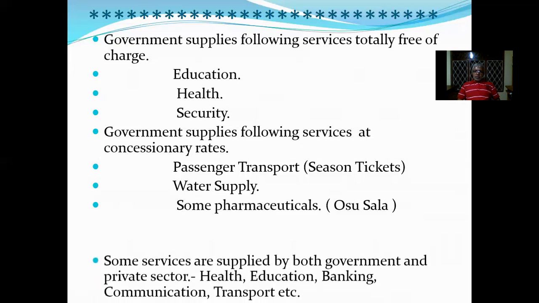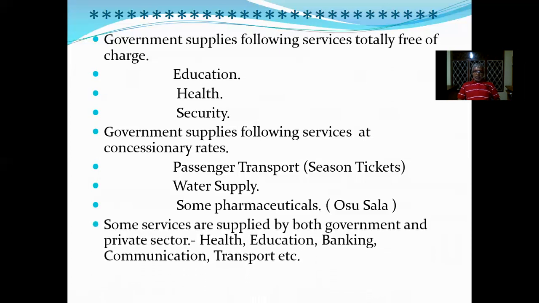Then some services are supplied by both government and private sector: health, education, banking, communication. Both government and private sector engage in supplying them, because you know that there are government hospitals, and then private hospitals are also there. If you go to a government hospital, all the treatments and services are supplied free of charge.